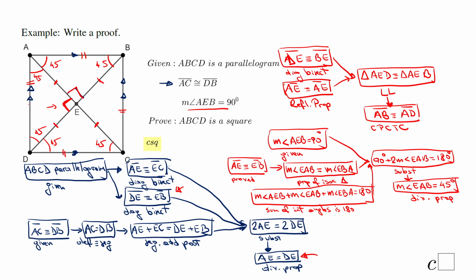So just probably put like this, the measure of angle BAE plus the measure of angle EAD will be 90 degrees, and that will be angle DAB if you add these two angles, and that will be the angle addition postulate.